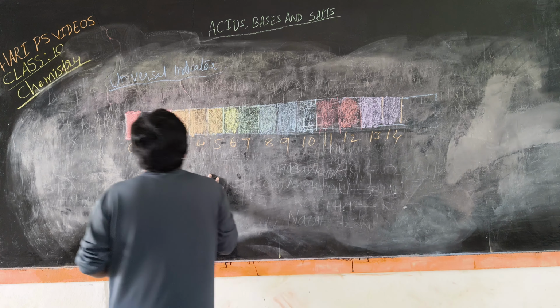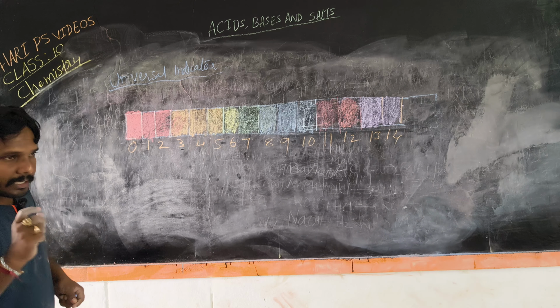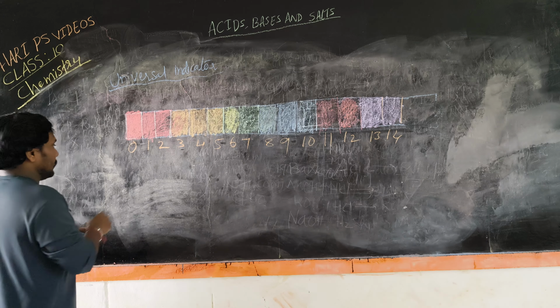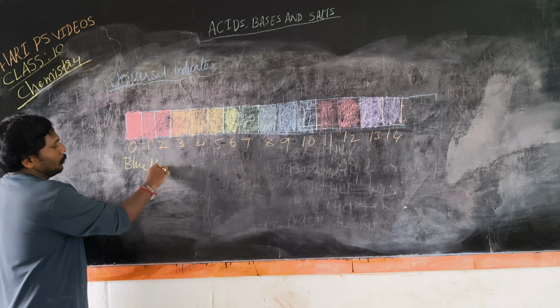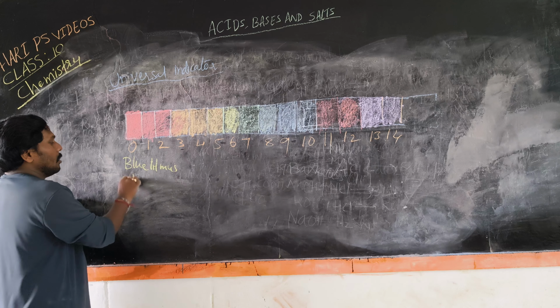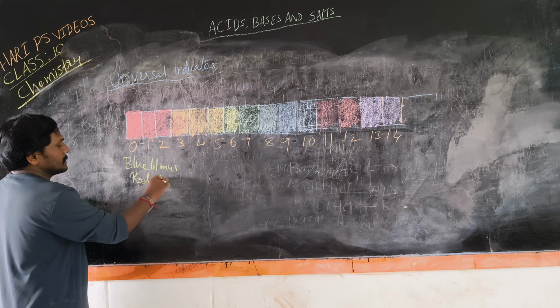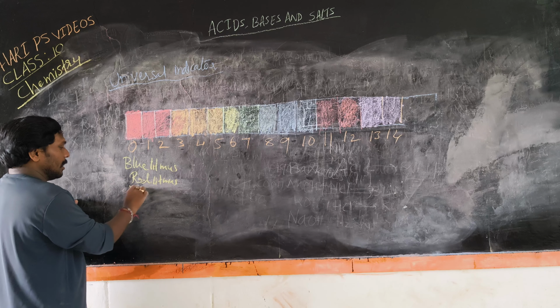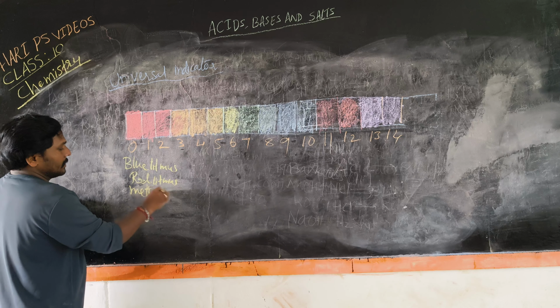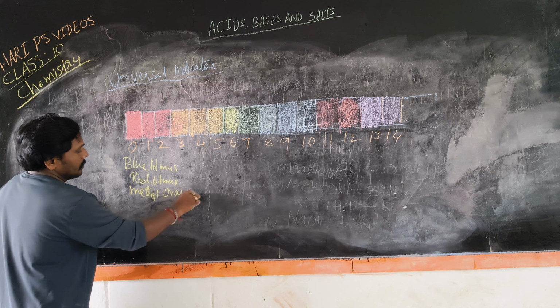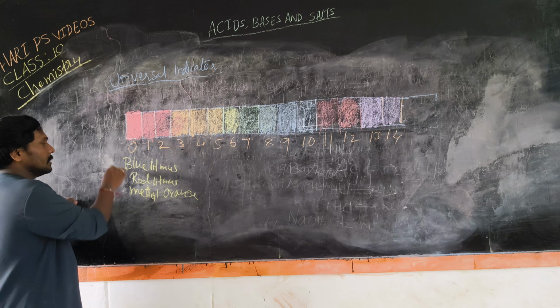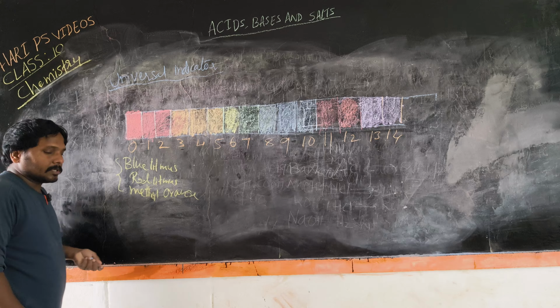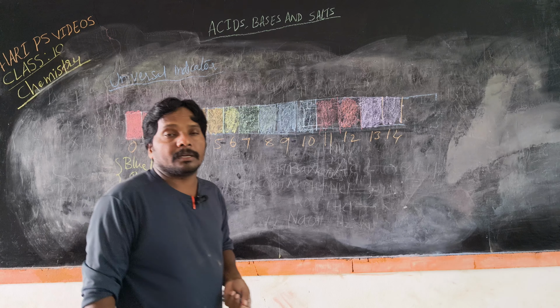Whatever indicators we discussed previously, either blue litmus or red litmus, methyl orange, phenolphthalein, olfactory indicators, these are the indicators which were previously discussed.